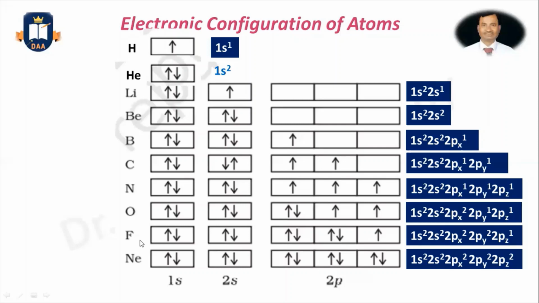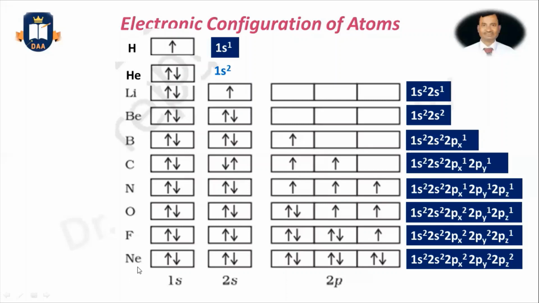Similarly, for fluorine, you can see that 1s2, 2s2, 2px2, 2py2, 2pz1. So it will be written in this way.